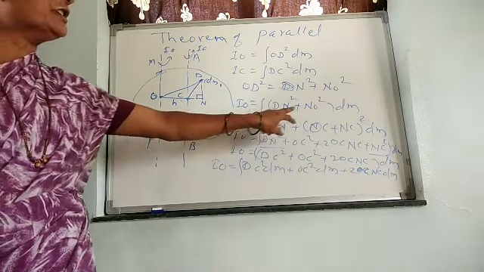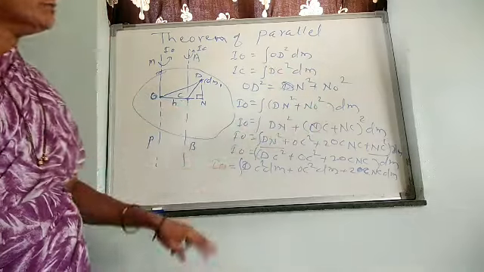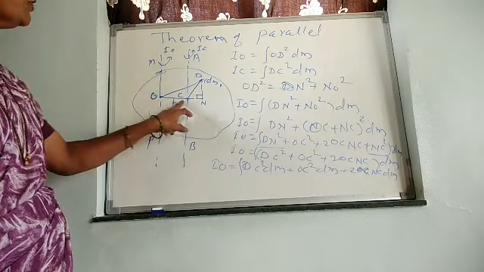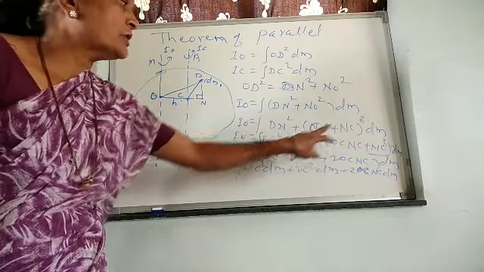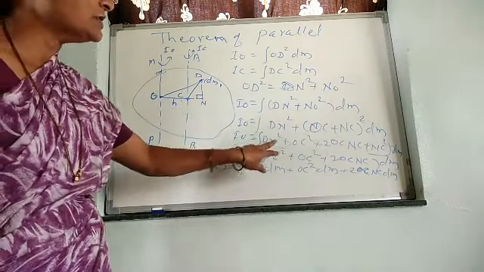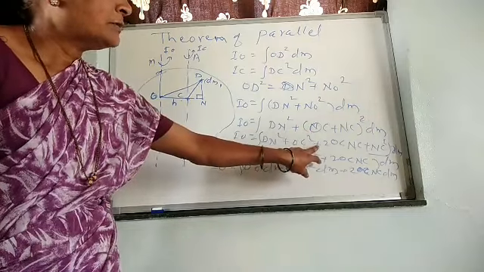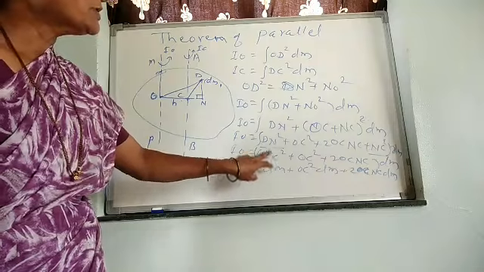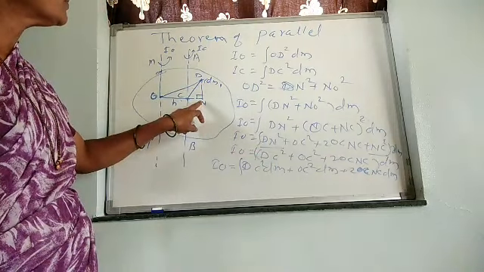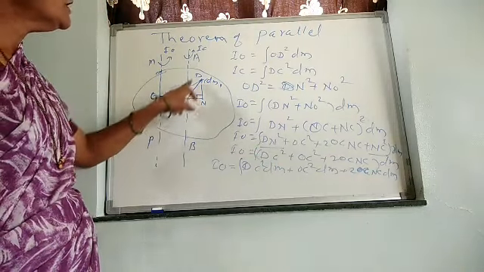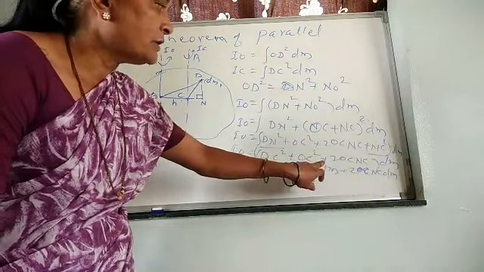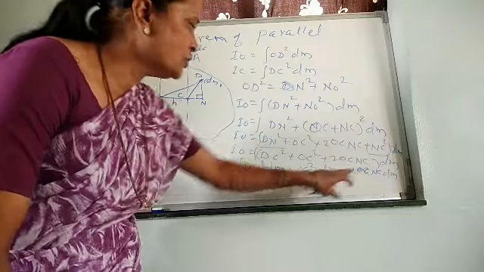Here IO is equal to DN square plus NO square into dm, that means OC plus NC bracket square into dm. Separate this term: DN square plus OC square plus twice of OC into NC plus NC square, into dm. Here DN square plus NC square is equal to DC square, because this is also a right angle triangle. Therefore DC square plus OC square plus twice of OC into NC, into dm.